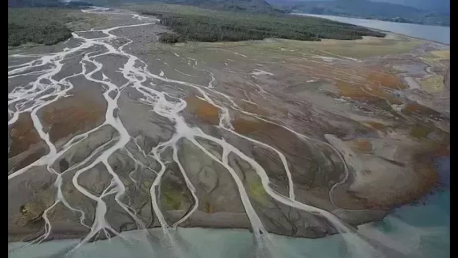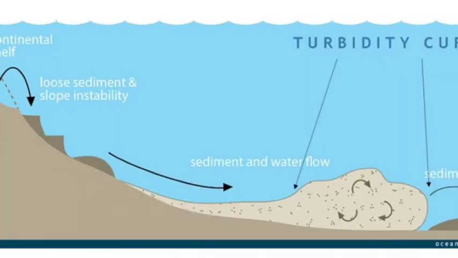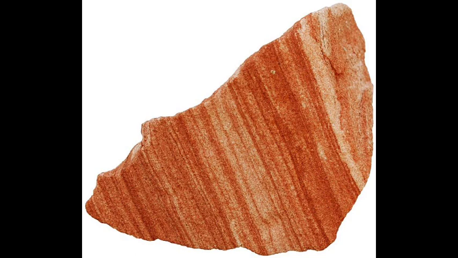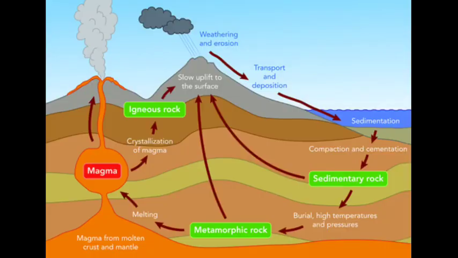It is ultimately deposited on the sea floor. The sedimentary rocks are formed due to the compaction or compression of the material on the sea floor by the pressure of the seawater present over it.